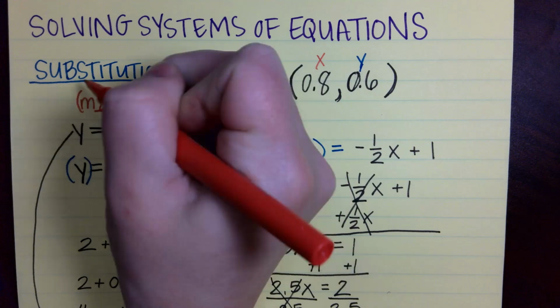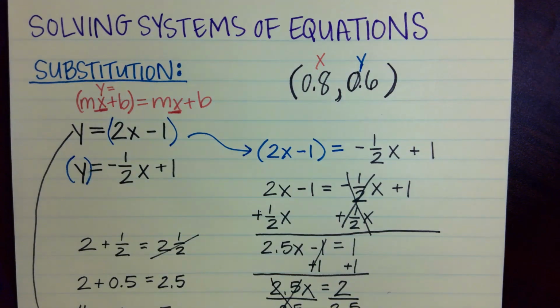Because y equals mx plus b. So if y equals mx plus b, then mx plus b equals mx plus b. I know it's a little tricky to wrap your head around.